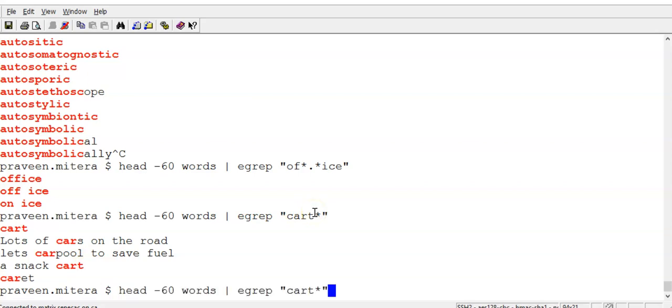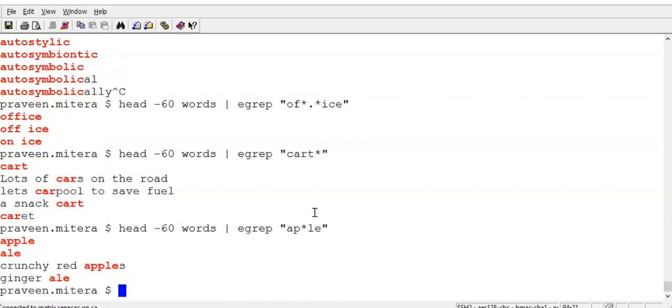Let's look at another example. Again here, the asterisk is going to act upon the P and make that optional or multiple occurrences. So in this case, A and P is non-existent because it's okay as it was made optional by this first asterisk. And then it's looking for LE. It finds LE.